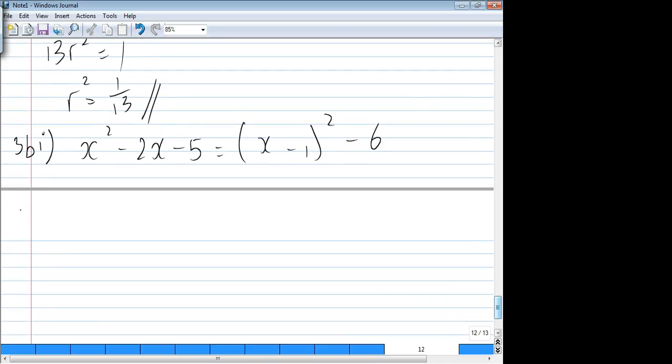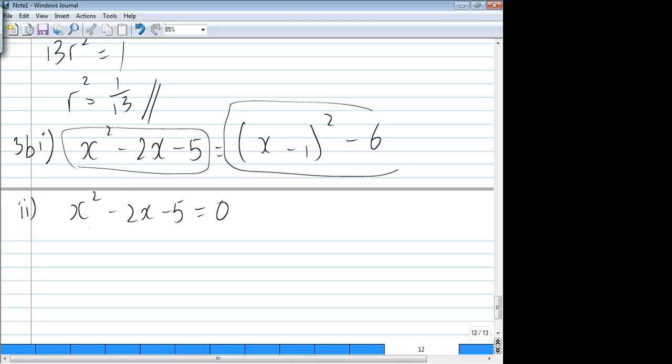And then for b part 2, they ask you, hence solve x squared minus 2x minus 5 equals to 0. Hence solve. So you cannot use your quadratic formula. You cannot use factorization. You need to use what you had in part 1. And we realize that this is the same as your question.